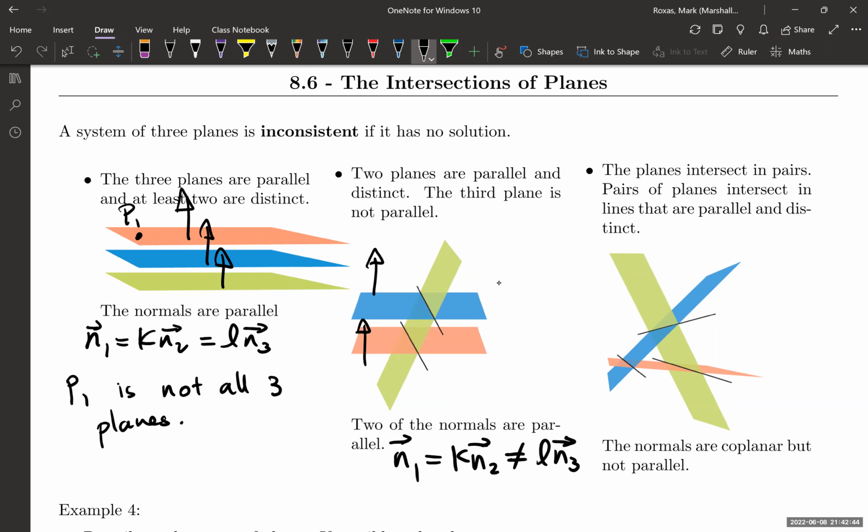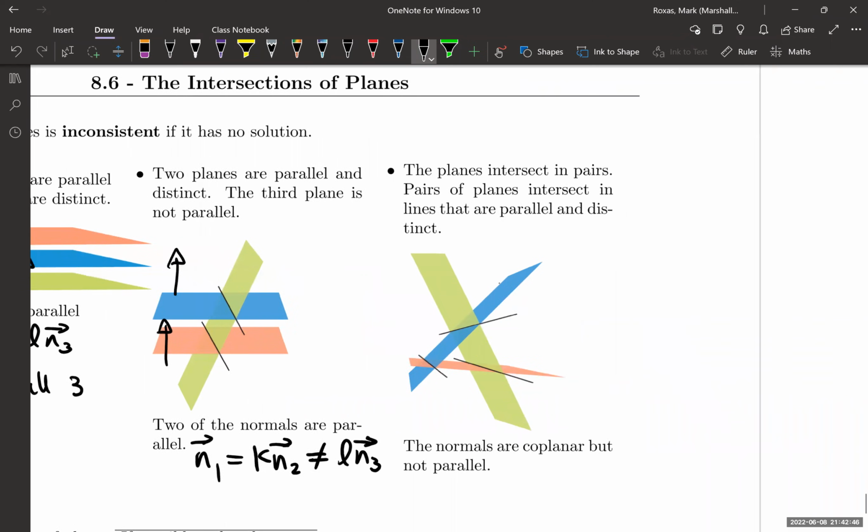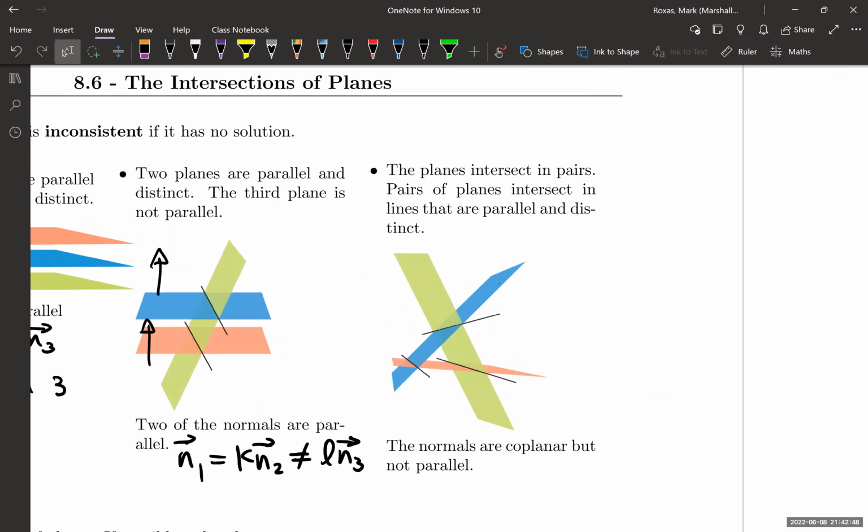Now on this one here, three planes, just like the coplanar example, the normals are coplanar, and they're not parallel. And there's a case here where you don't get a single line of intersection, you get multiple lines of intersection for pairs of planes. This is why it's so important.